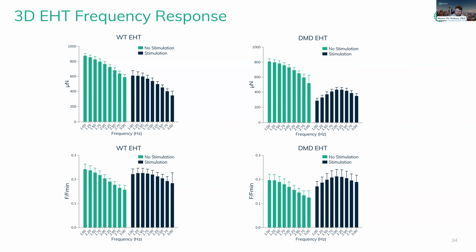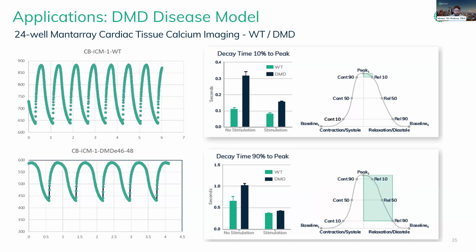We're going to take another look at another experiment we can do with our DMD disease model. We would like to know generally what are going to be our most sensitive parameters when performing comparisons for therapeutic modes, for example. So in some pilot experiments we did with our DMD disease model, we examined the calcium fluorescence dynamics in wild type versus DMD disease model.